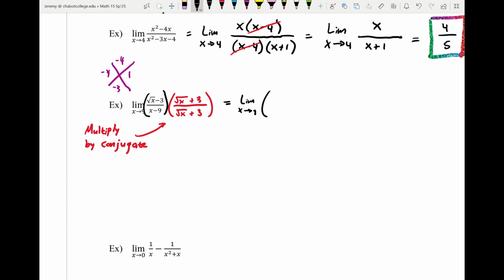I am going to FOIL this out, or if you do the box method, some people like this box method, where we'll multiply square root of x minus 3 times square root of x plus 3. So root x times root x just gives us x.